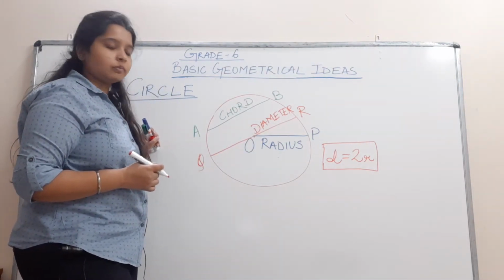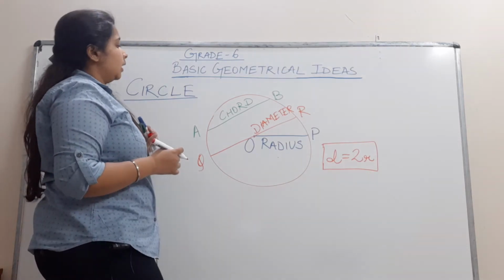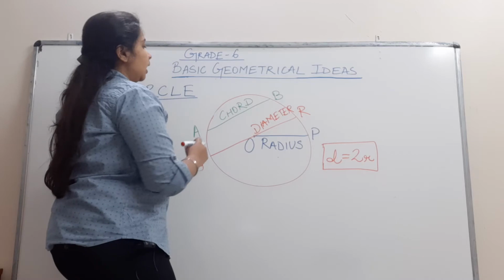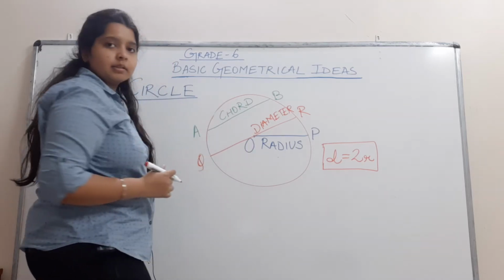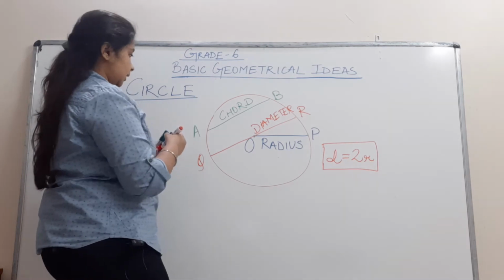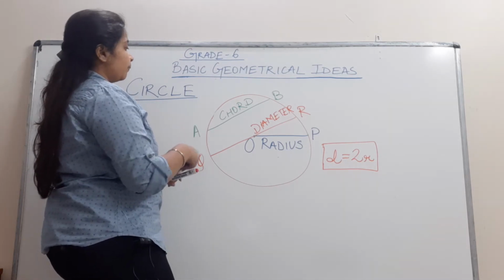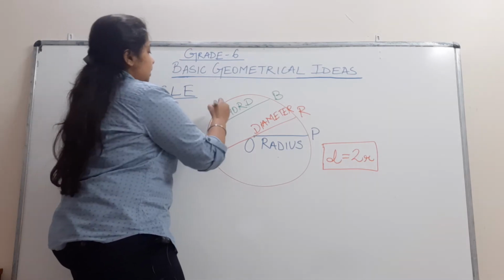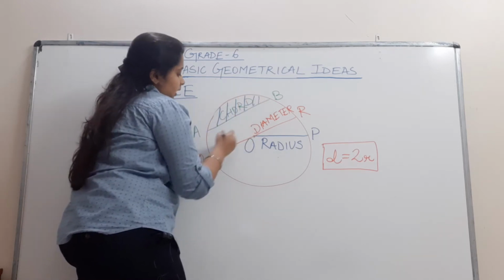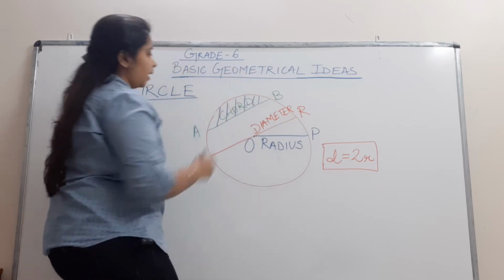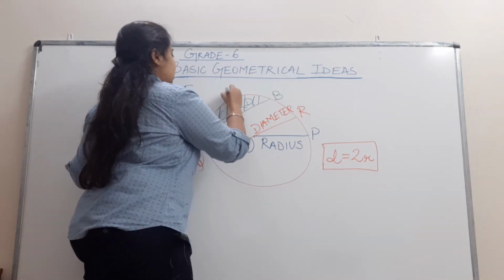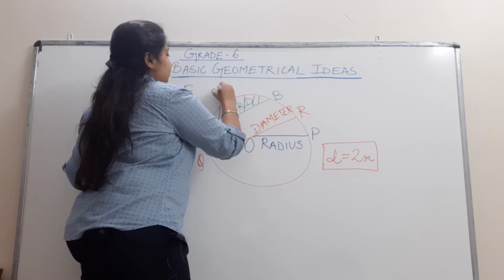What next? Now you see that this chord is dividing the circle in two parts. See, this is the one part, and this whole is the second part. So this is known as segment.